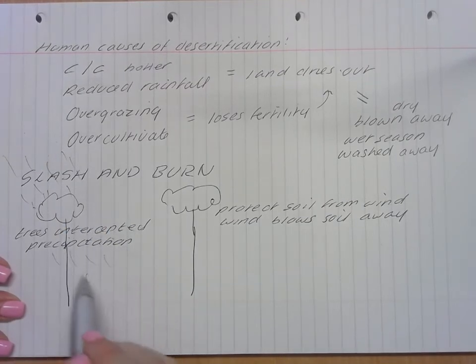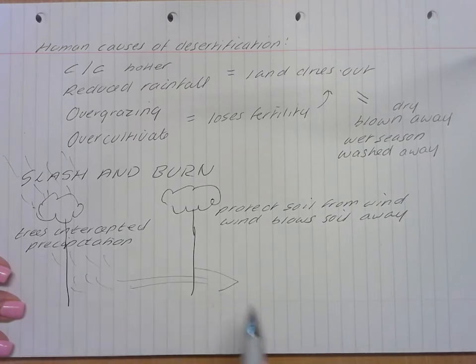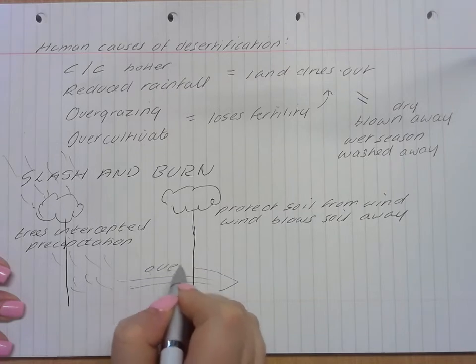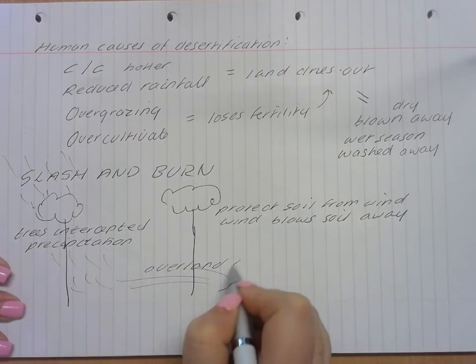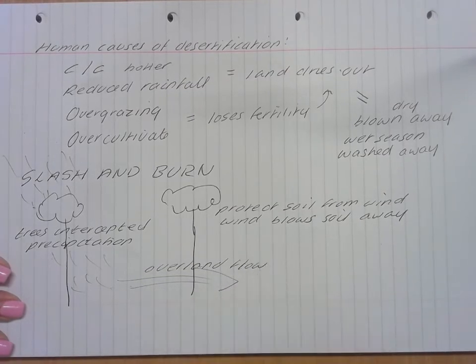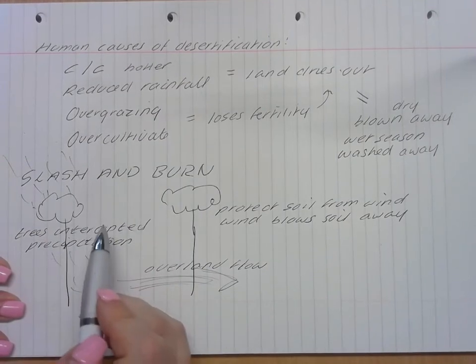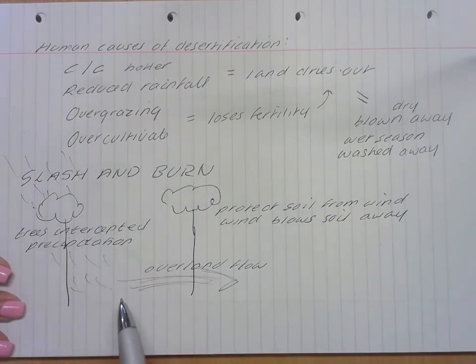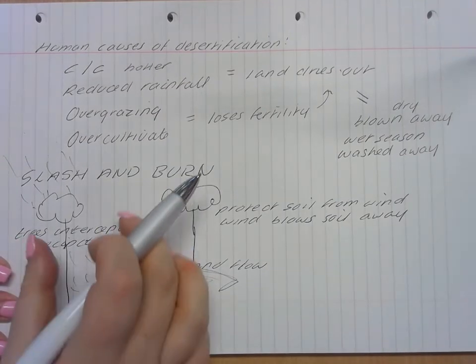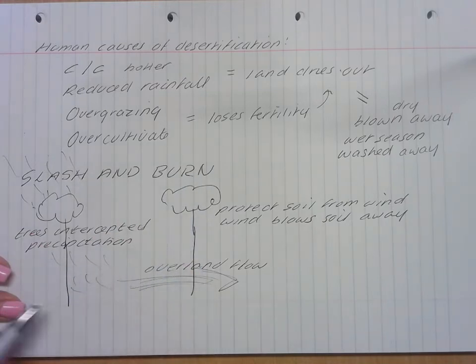Now, when it hits the soil dead on, there's an increased overland flow and it literally washes the soil away, or leaches the soil. So it removes the soil, because the rainwater would have previously been caught by the trees, which would protect the soil from the rain, but now it hits the soil dead on and washes the soil away. Increased overland flow gets rid of the soil.